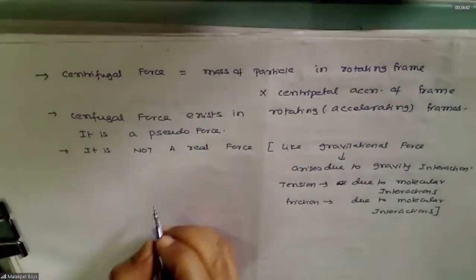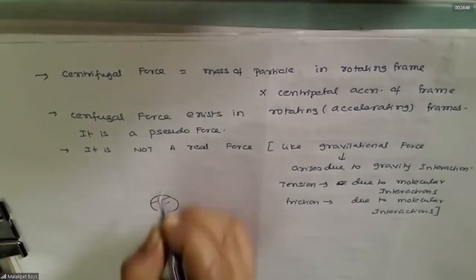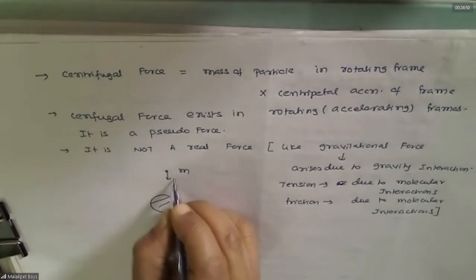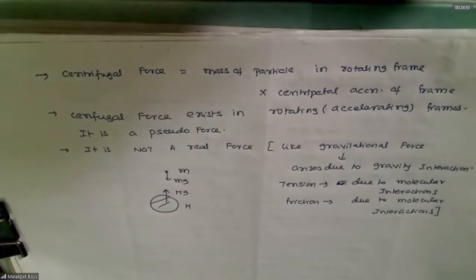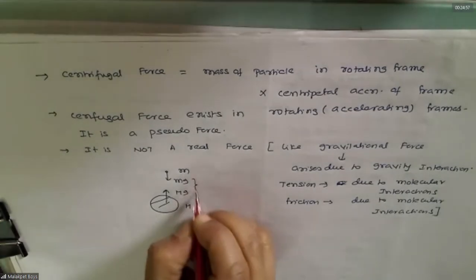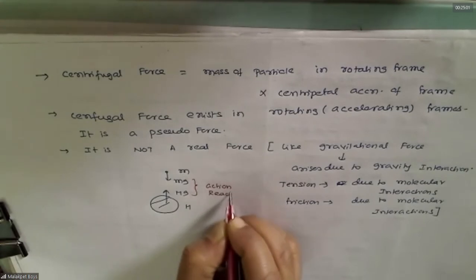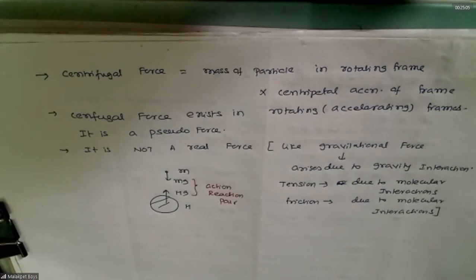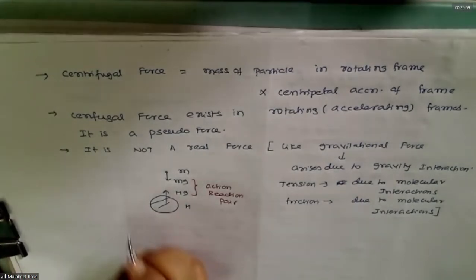That is the reason why, see, suppose this is the Earth, mass m. This is mg, and this is mg. So one is the action-reaction pair, no? Now pseudo forces will not have an action-reaction pair.